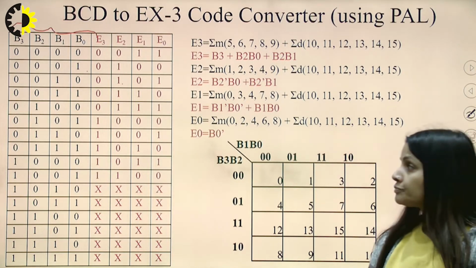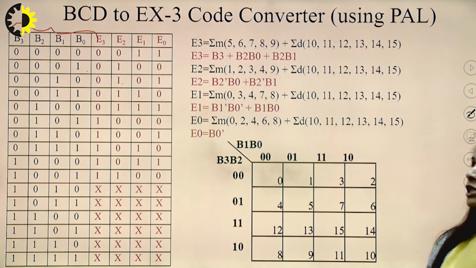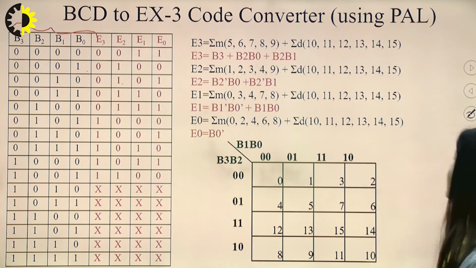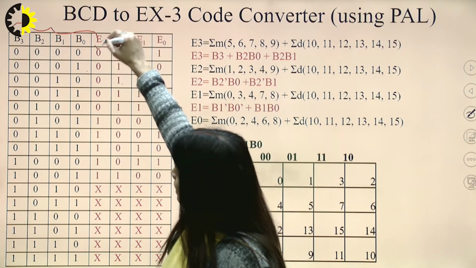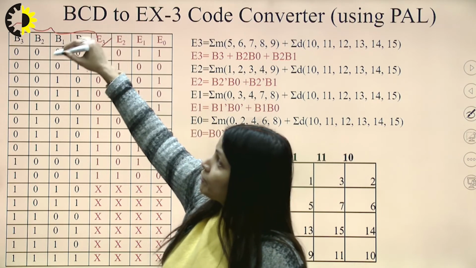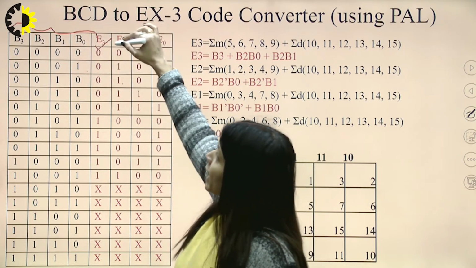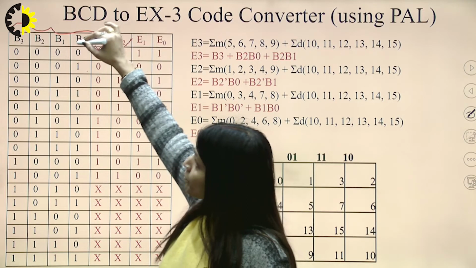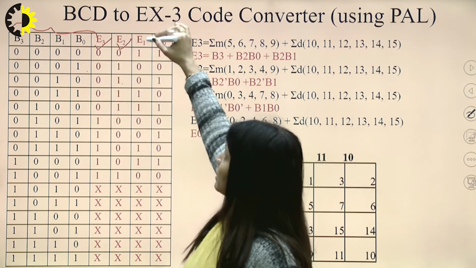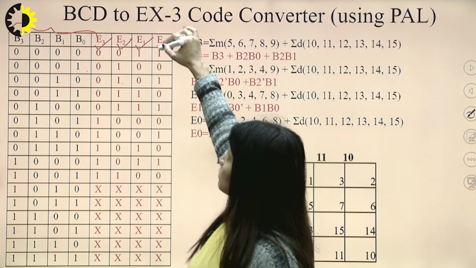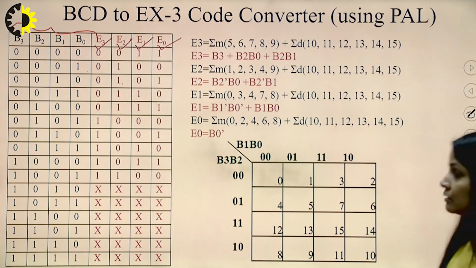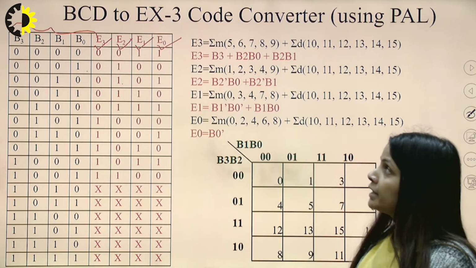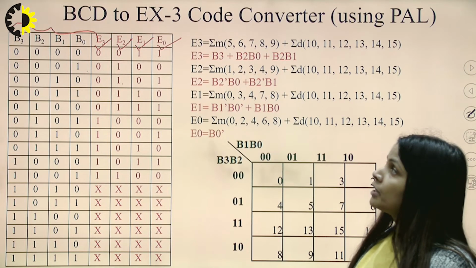Now, using the K-map, we will obtain the expression for E3 in terms of B0, B1, B2, B3, the expression for E2, the expression for E1, and similarly the expression for E0. So we will get all the expressions in terms of input variables.